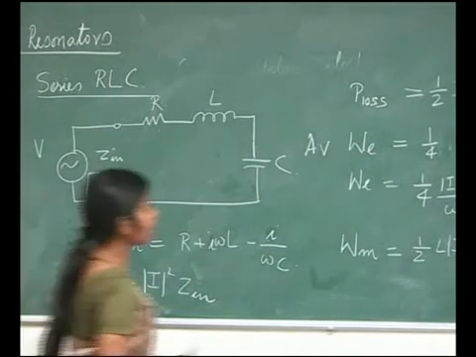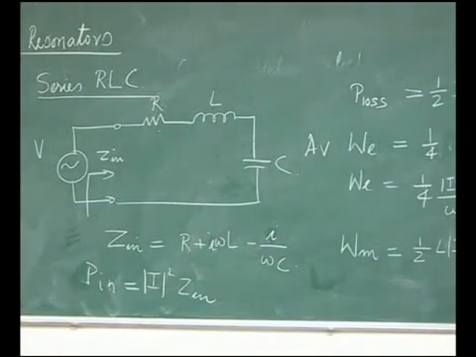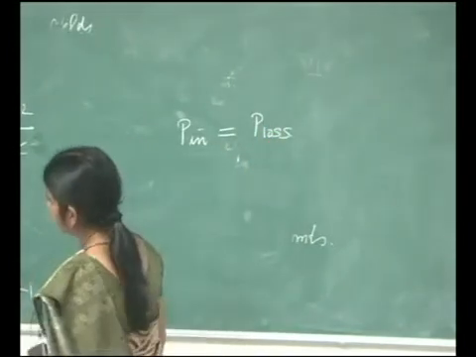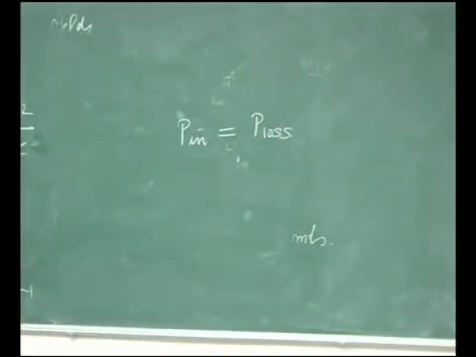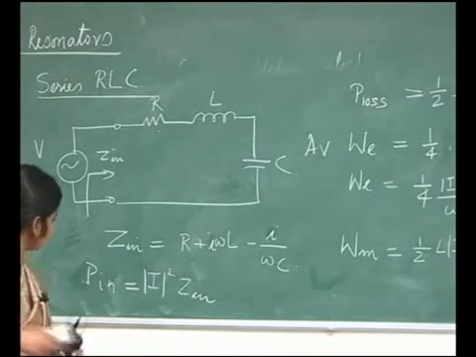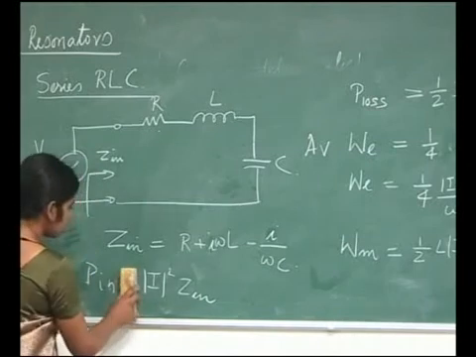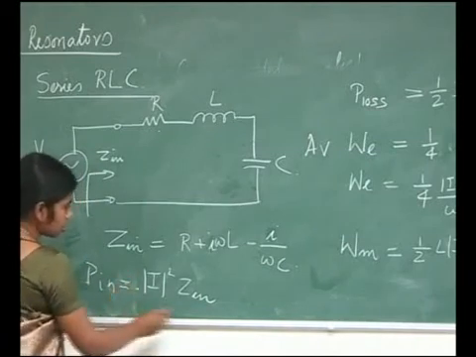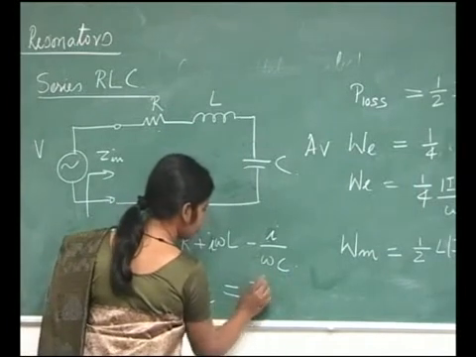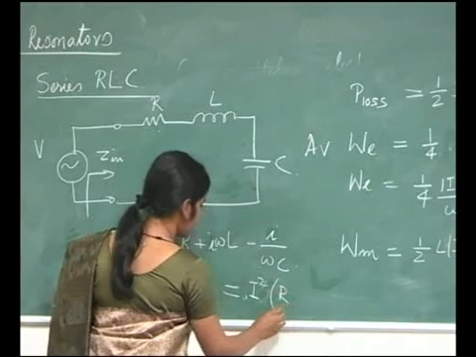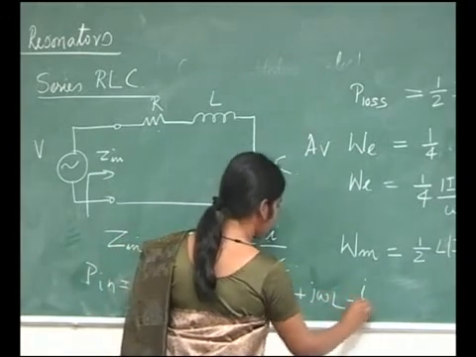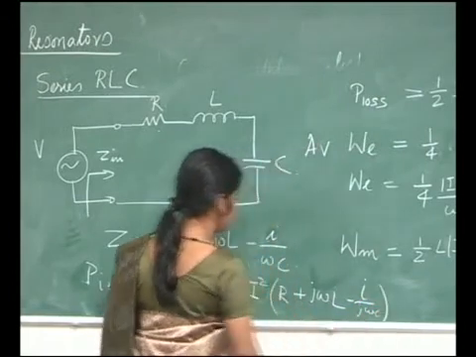So from here I can write that P in is equal to P loss, because you can see here, I will remove this mod sign. I square into R plus j omega L minus j upon omega C.